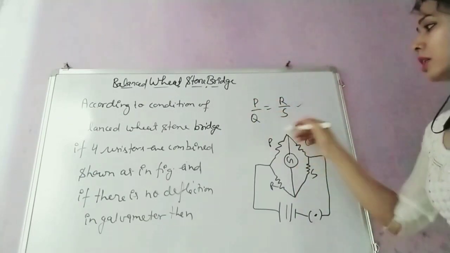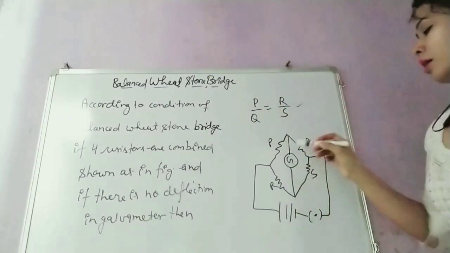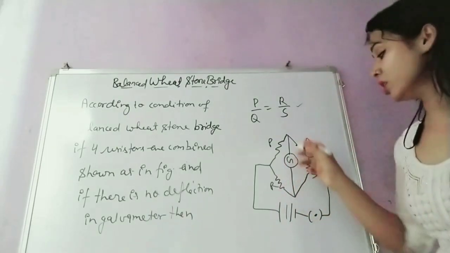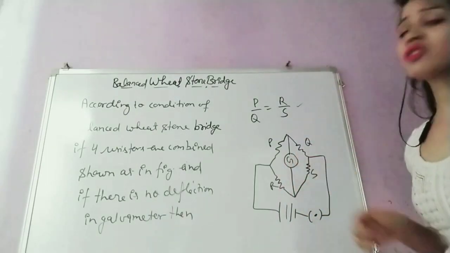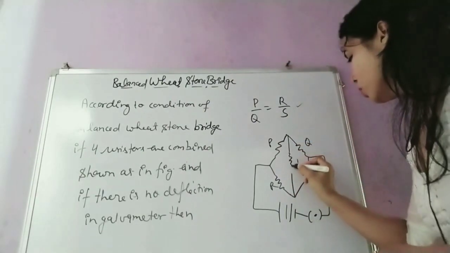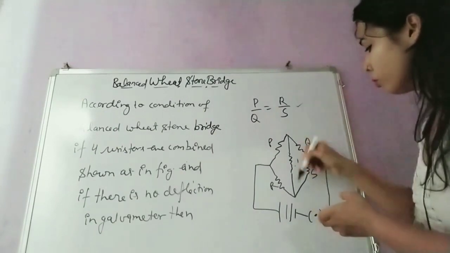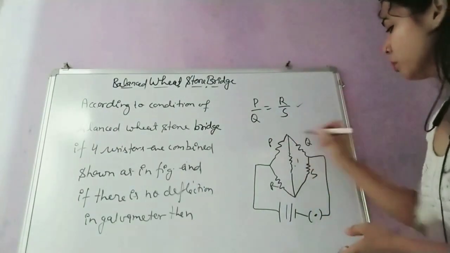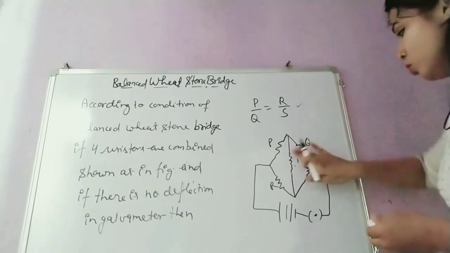So this is the condition which we will derive by considering that there is no current through this branch. Here one resistance also may be there, you can draw a resistance here also. In that case, if current is not flowing through this resistor, then P upon Q equals R upon S, like that also you can write.